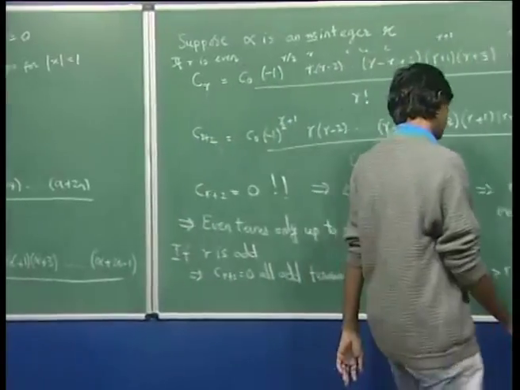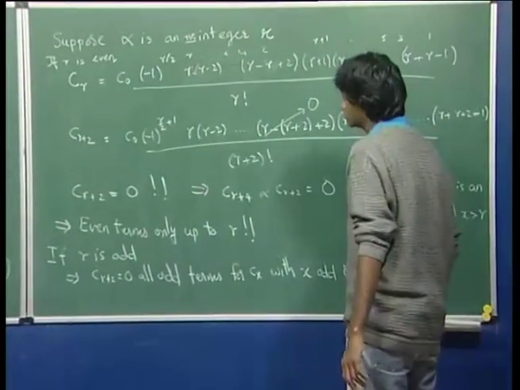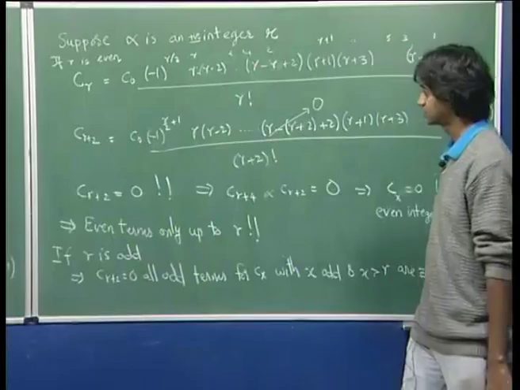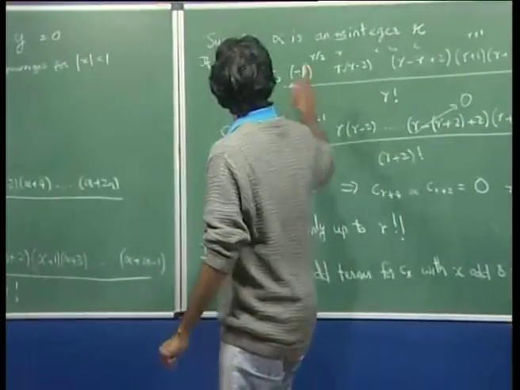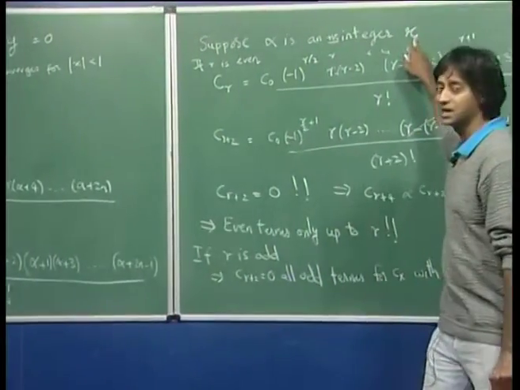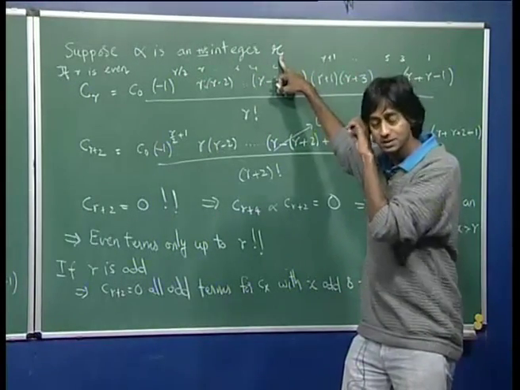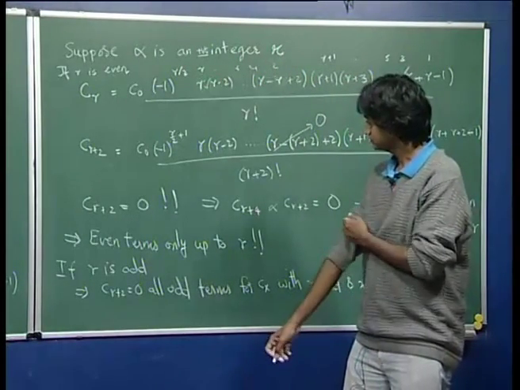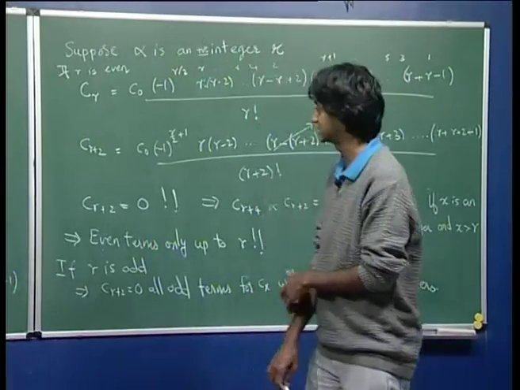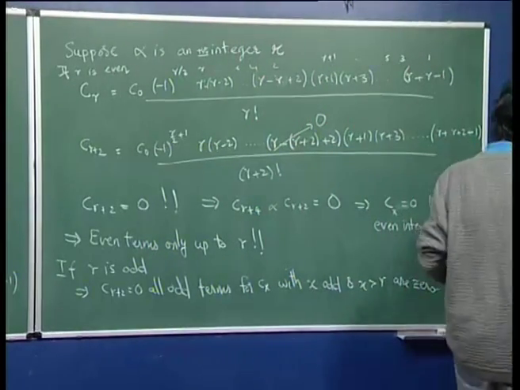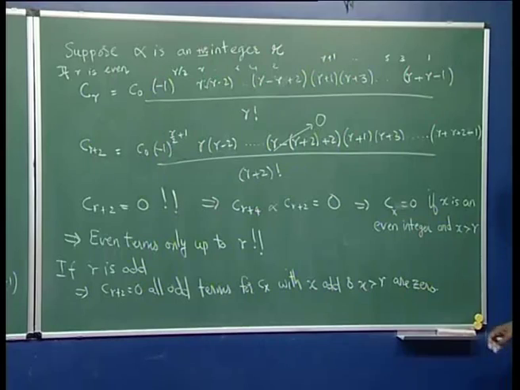So what this means is that if alpha is an integer r, then one of the two series truncates at r. So now we come back to our solution.